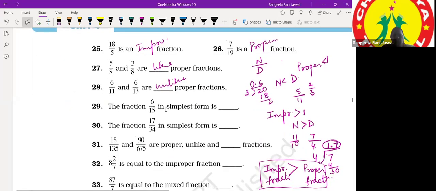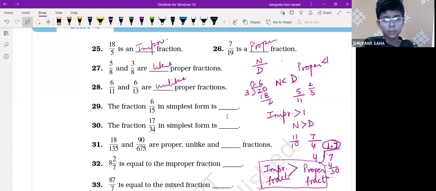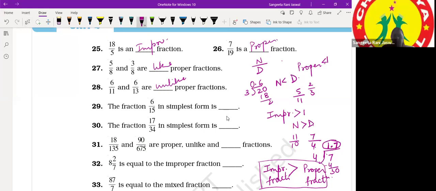The fraction 6 by 15 in simplest form is what? What is the simplest form of 6 by 15? Yes, anyone can say. Ma'am, 2 by 5.